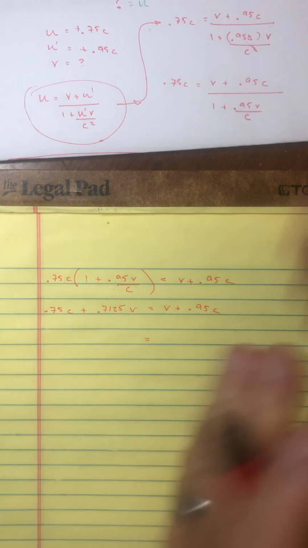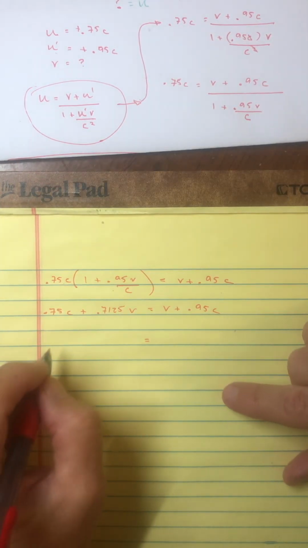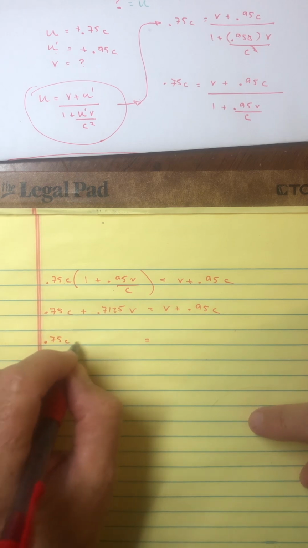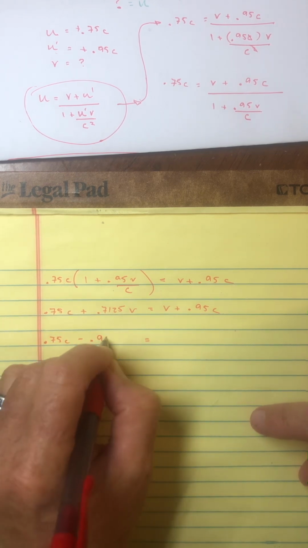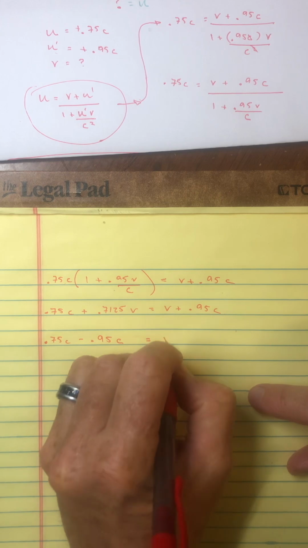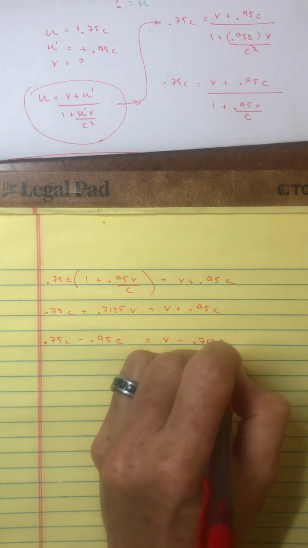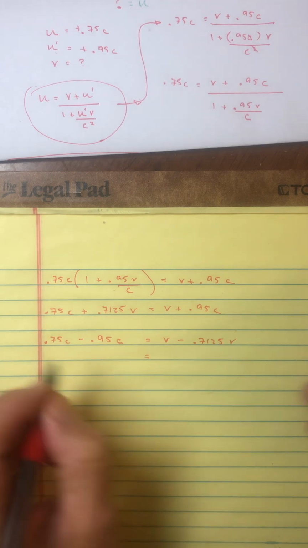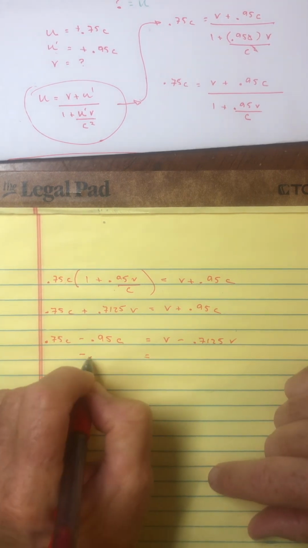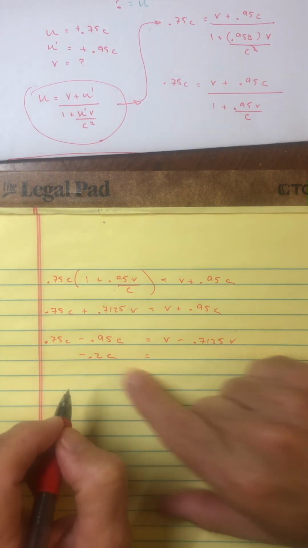Now, if we do a little arithmetic and move this over to here, we would have the 0.75c minus 0.95c. And the same thing here, we bring that over, and we're going to minus 0.7125v. So that this becomes the minus 0.2c.